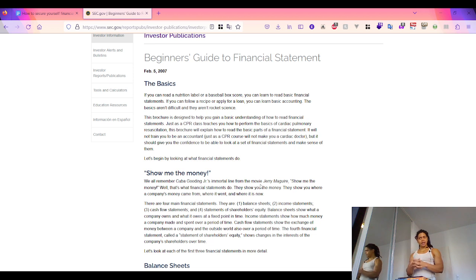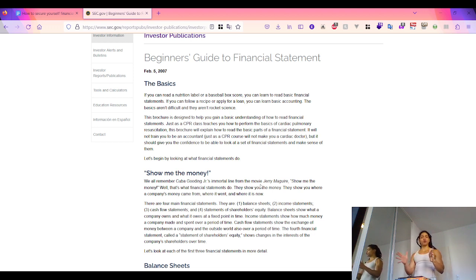It's similar here. This beginner's guide is to learn to understand the basic parts of the financial statements, so that when you're able to see a set of them, you are confident enough to make sense of them.